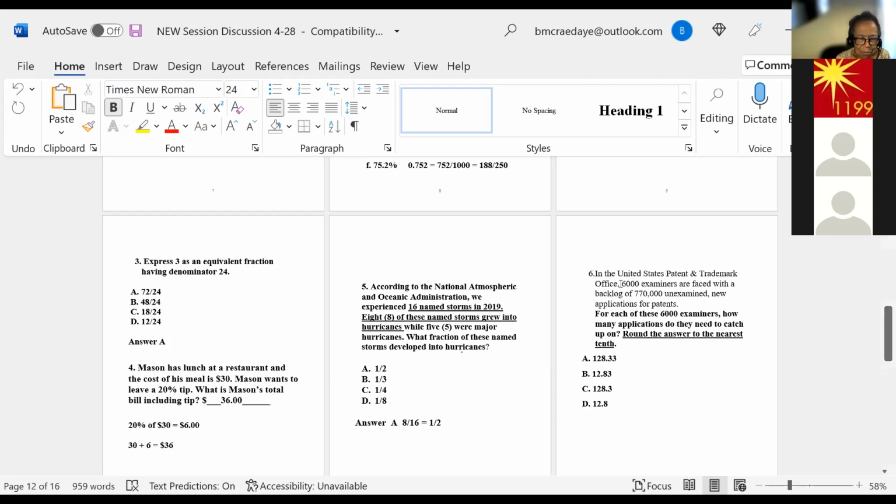Okay, so the information you need are the 6,000 examiners faced with a backlog of 770,000. Okay, so how would you solve this? Let's see, you would have to divide 770,000 by 6,000.